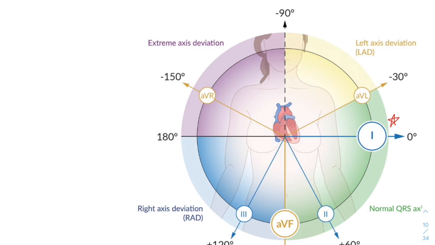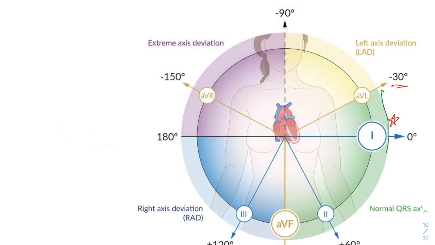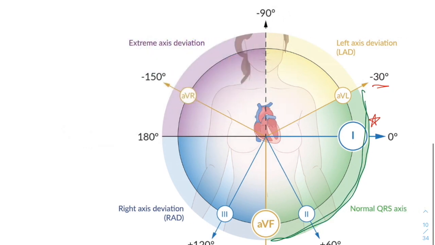Depending on where the sum of the vectors is directed, you're going to have changes in where your axis is pointing and deviating to. So our normal axis is somewhere between -30 and +90, and that's this green space here, the normal QRS axis.